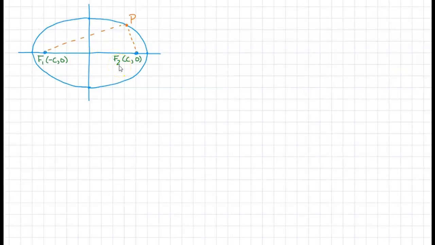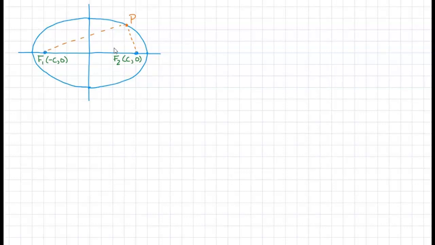Another thing, in this one, there's two conventions, and so I'll tell you which one we're going to use. One convention, this is the one we're not going to use, is to define whatever the furthest distance is from the center to the ellipse as A. Right now we have a horizontal ellipse, but I could rotate this picture and have a vertical ellipse, and now A would be measured vertically.